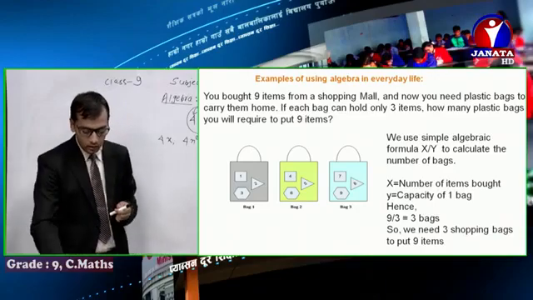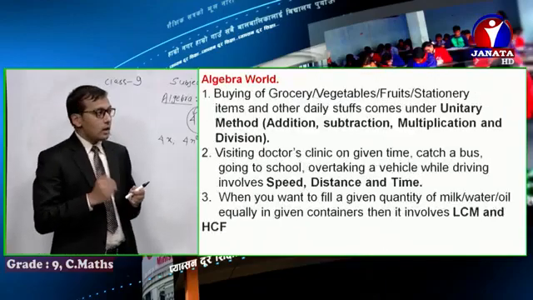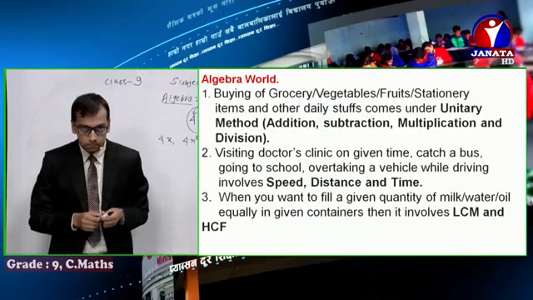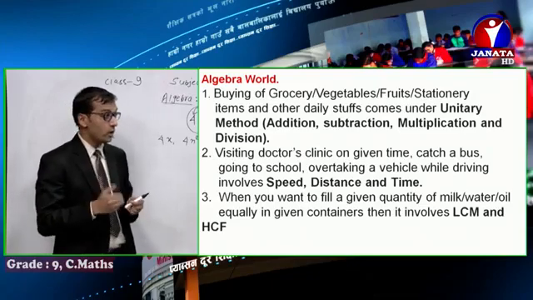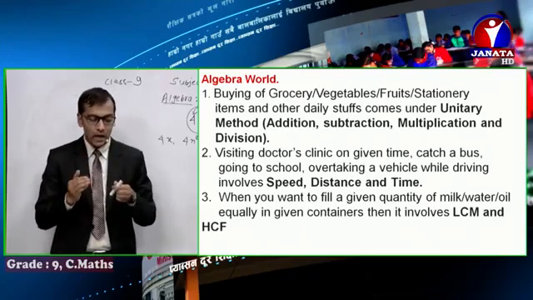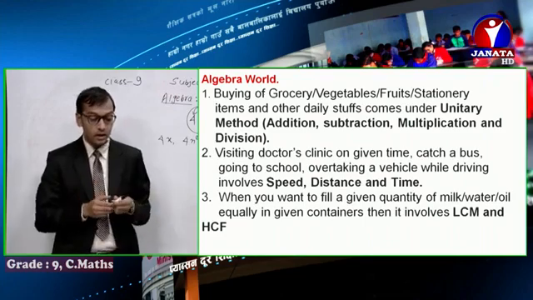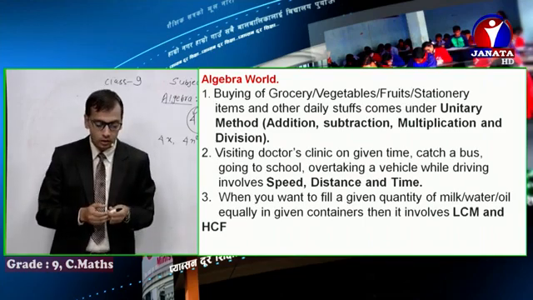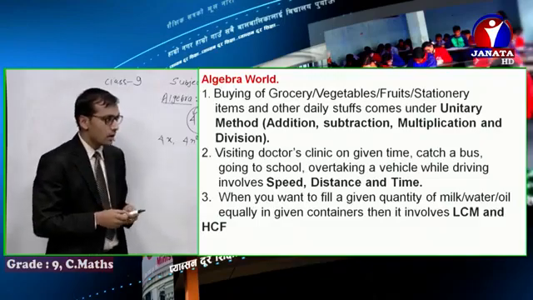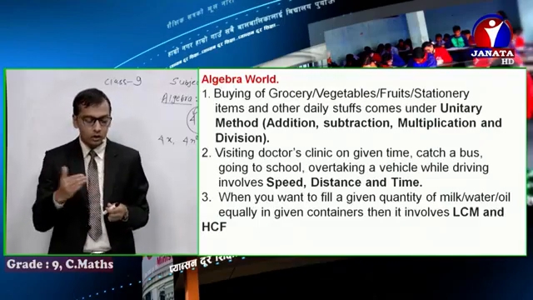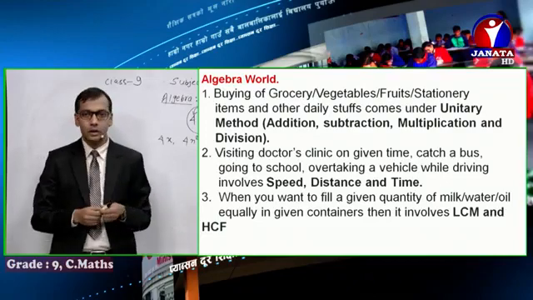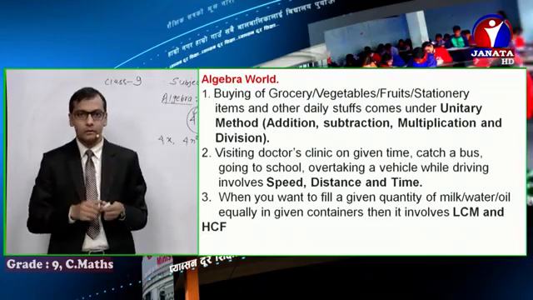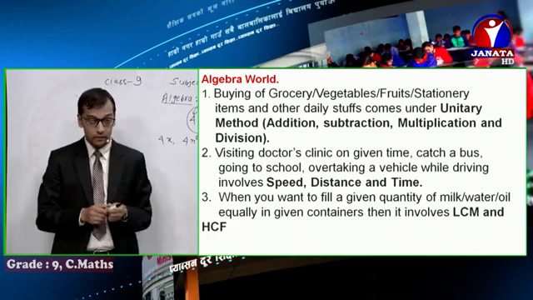Second, we can see other examples of algebra we use in our everyday life, like buying vegetables, fruits, stationery items. There is use of addition or subtraction, any kind of mathematical operation. Similarly, we can find other examples which are used in everyday life.